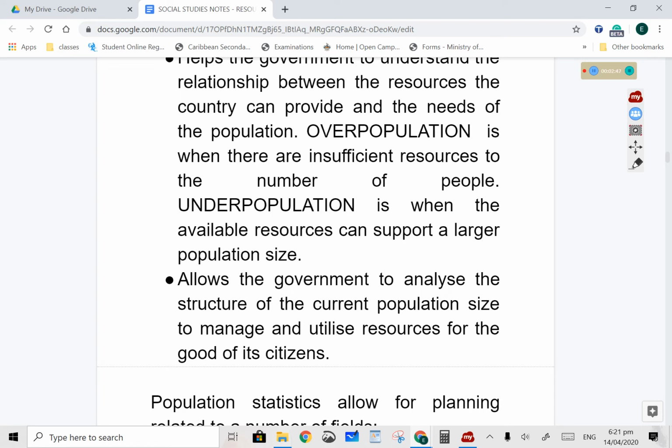A country can be like a home. A country can also become overpopulated with very little resources to make sure that education, healthcare, and provision of proper roads, drainage, sanitation, etc. are taken care of. However, on the other side, you can have underpopulation when the available resources can support a larger population size.